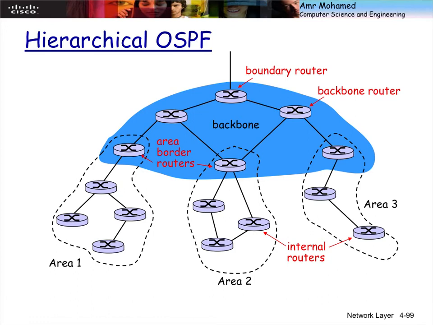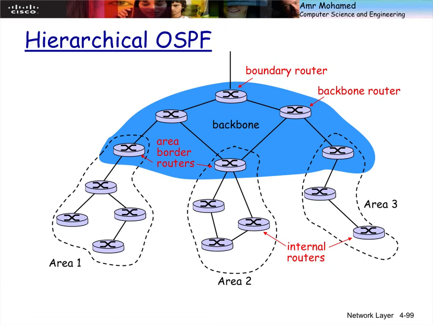Why do we do this? Because again, link state is reported through flooding. So you can flood the link states inside an area, but you also have to report the link states to other areas. This happens through what we call area border routers.